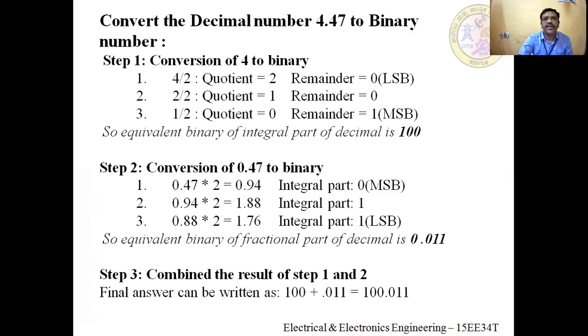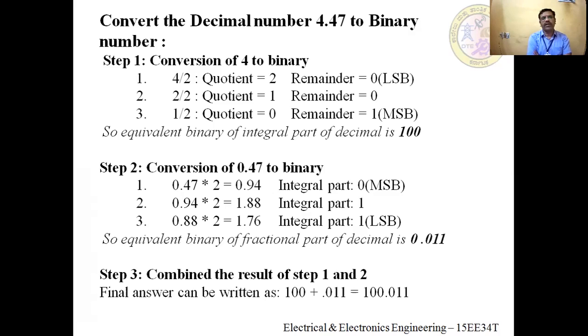Okay, so let us take the integer conversion. Two steps are there. Step number 1 is conversion of 4 to binary. 4 is the given integer part of the decimal number. For integer conversion, we have to apply the successive division method.